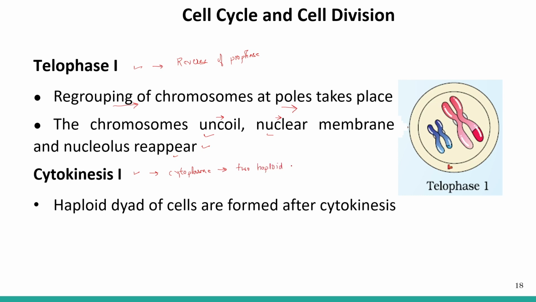So what is the product of cytokinesis 1, or you can say the product of meiosis 1? 2 haploid cells. A haploid dyad of cells means 2 cells are formed after cytokinesis 1.